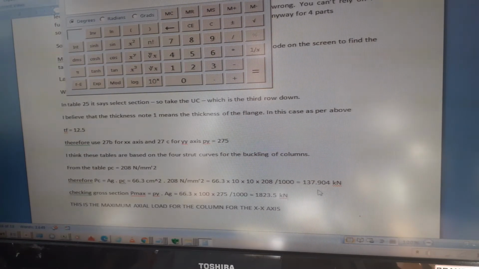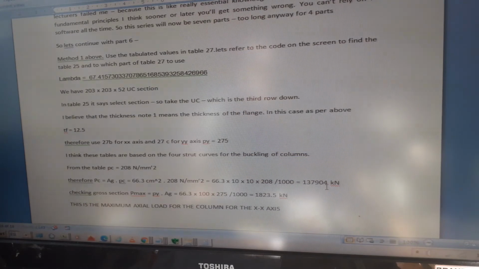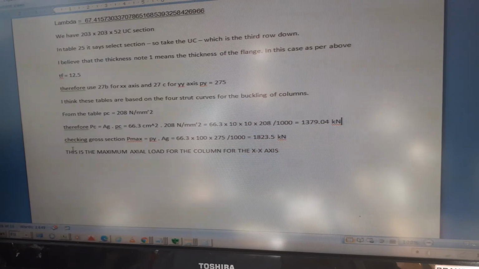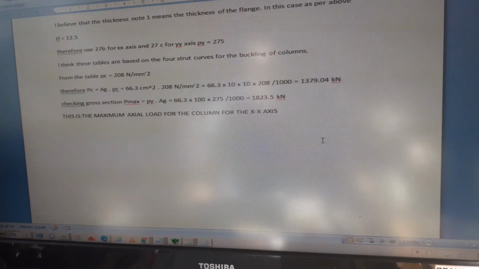Sorry, it's 1379.04. It's always worth checking, isn't it? Because the Pc value is Ag times pc, which is 208. So this is the maximum axial load for the column for the x-axis, 1379.